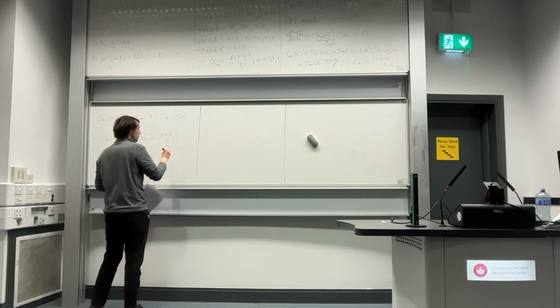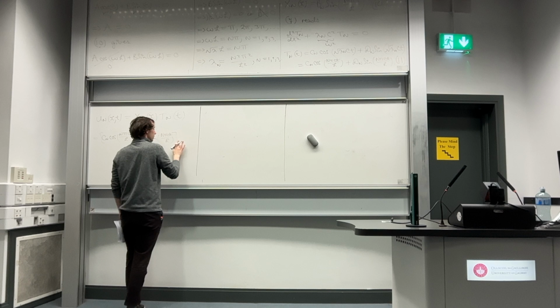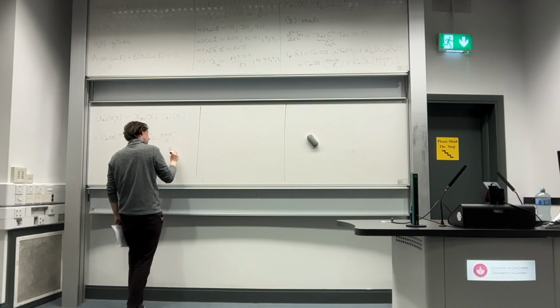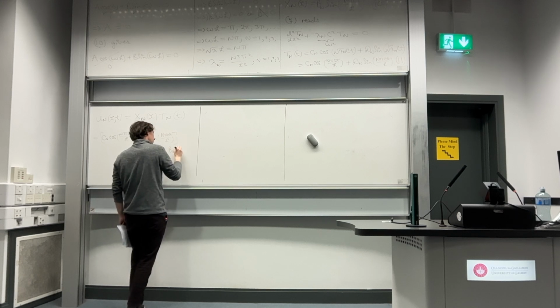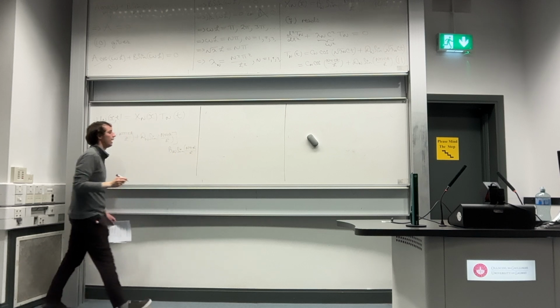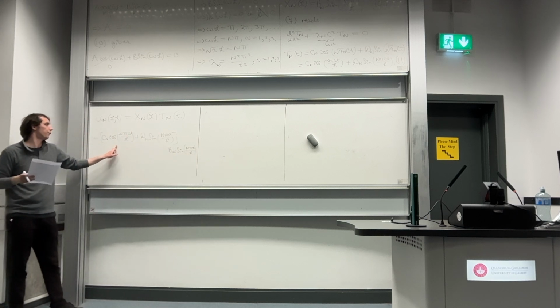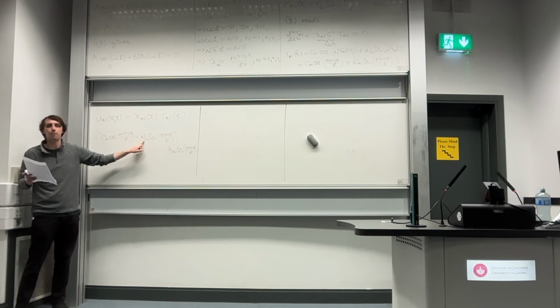And Xn, we know from equation 10, is bn sine of n pi x over L. Okay, so we can bring this bn into the first term here, and then we would have bn Cn and bn Dn here.